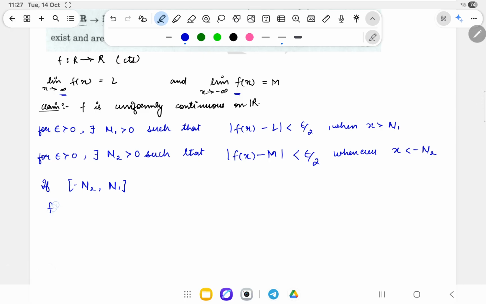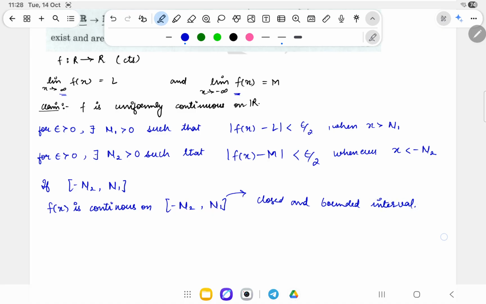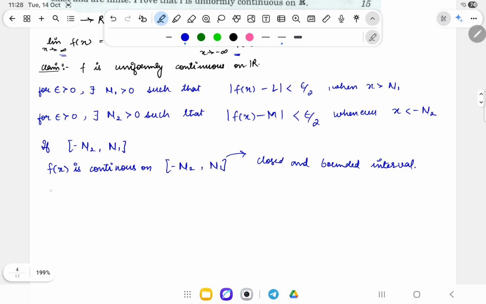So f(x) is continuous on the closed interval minus n2 to n1. And if you observe, this is a closed and bounded interval. And we know that a continuous function on a closed and bounded interval is uniformly continuous.